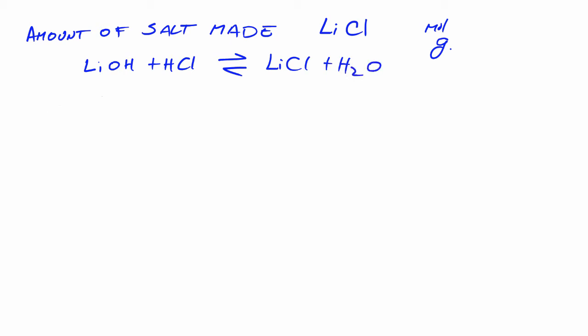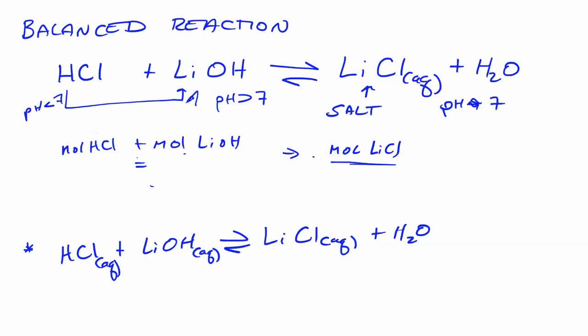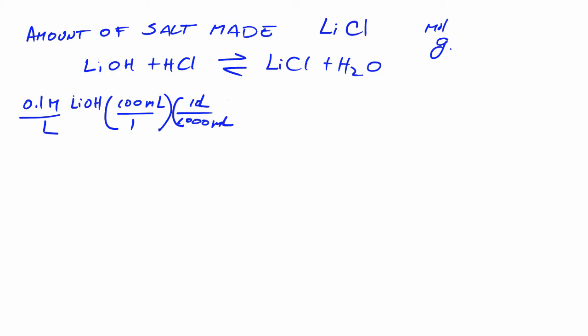Now, here's the thing. For lithium hydroxide, we had 0.1 molar of lithium hydroxide times 100 mL, and we want to convert that to liters. So 1 liter is equal to 1,000 milliliters.